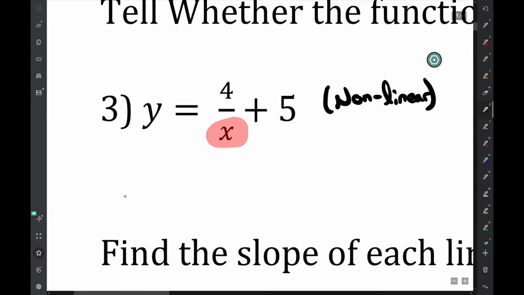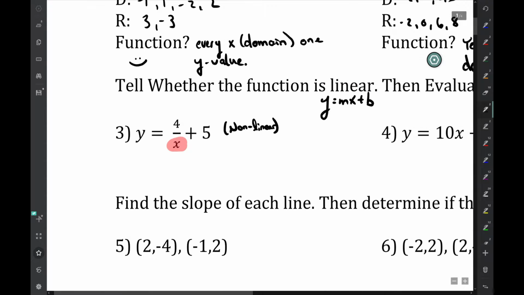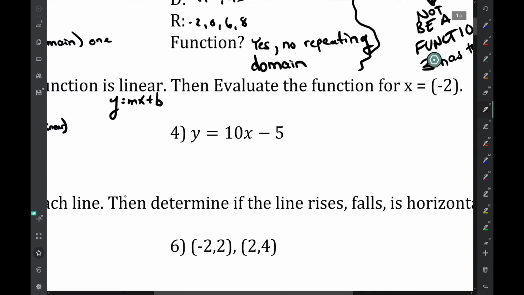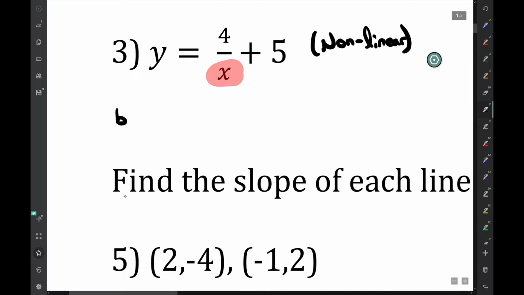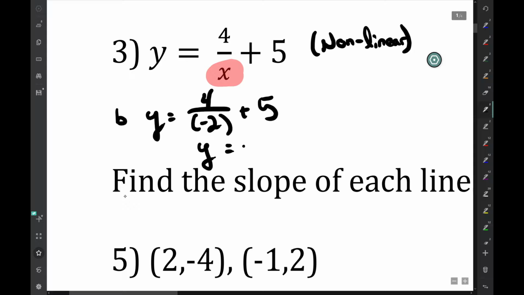Now it also says to evaluate the function for x equals -2. So for part B, y equals 4 over -2 plus 5. You're just substituting the -2 into the denominator. So then y equals 4 over -2, which is -2, plus 5.